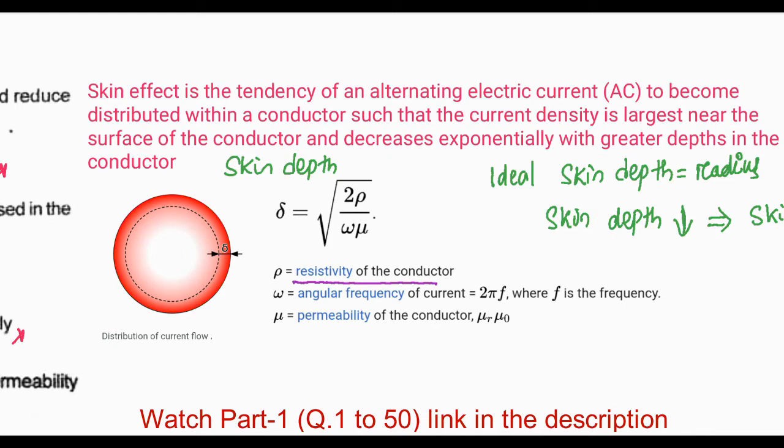Mu 0 is the permeability of vacuum or air, and mu r is the relative permeability of that conductor. Because we are considering inside the conductor, we have to consider the permeability, because of the magnetic terms.